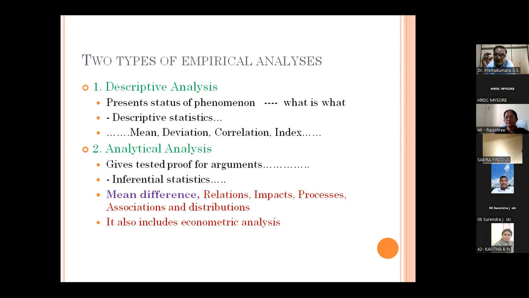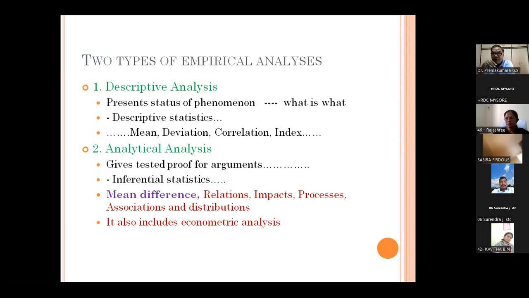So you have to use analytical techniques like inferential techniques, which also include econometric modelings. The descriptive statistics will explain only the status of the phenomena, what is what, but it will not help you make the argument. If you want to make the argument, you have to go for inferential statistics.